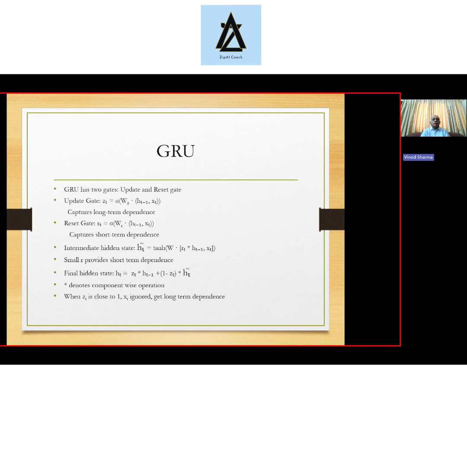We further have an intermediate hidden state, h_t tilde, which is hyperbolic tan of W dot r_t star h_{t-1} and x_t, where the star is an operation taking the component-wise product of the vectors r_t and h_{t-1}. So h_t tilde is tanh of W multiplied by these two vectors.